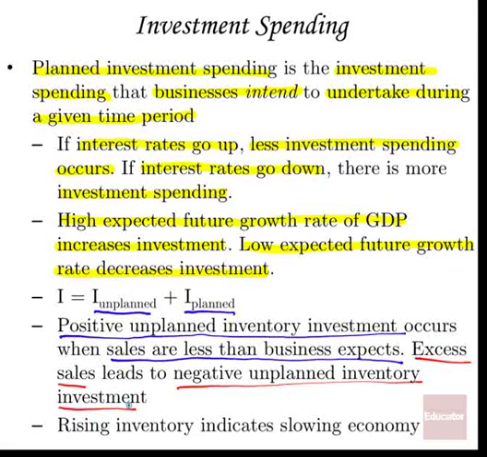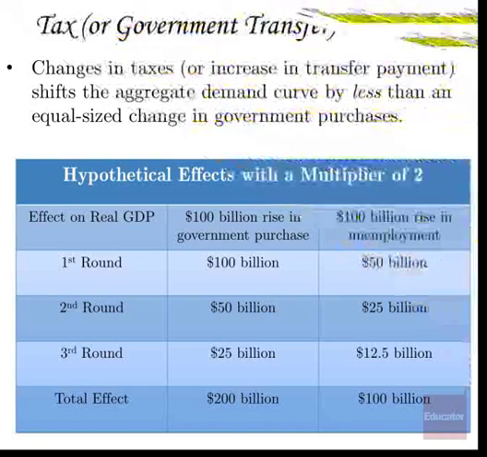Whereas if you plan to sell 2,000 cars and you only sell one car, then you have an excess inventory of 1,999. So if you have rising inventory, that usually indicates a slowing economy. If you have lowering inventory levels, then conversely, that's going to be a sign of a growing economy.